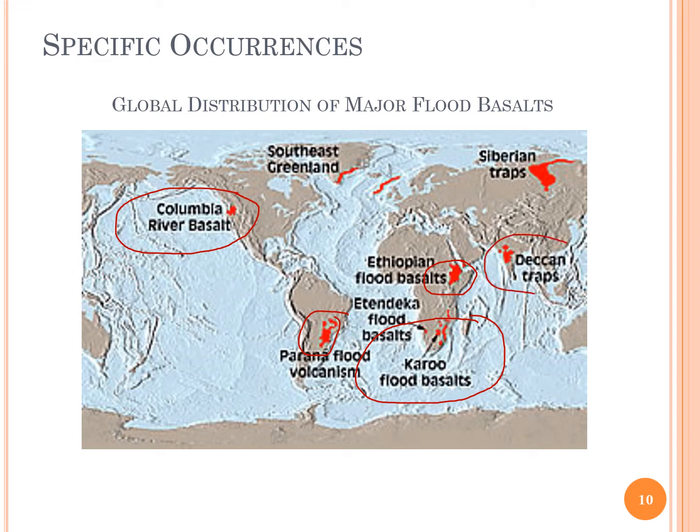The Deccan traps, a trap being just a name for an area where these basalt floods occurred, and then finally the Siberian traps. Both of these were actually tied to major extinctions of animal and plant life. The Deccan traps being related to the time when the dinosaurs disappeared, and the Siberian traps being very close in age to the mass extinctions occurring at the end of the Permian.